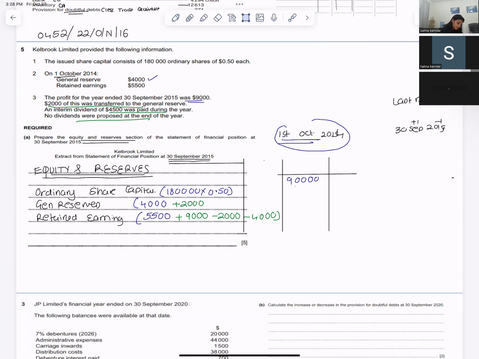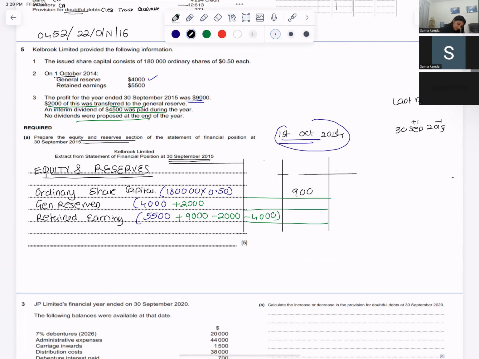What is the final column? 90,000. There was no adjustment related to share capital, so I'm writing share capital as 90,000. General reserves, 6,000. Retained earnings is 8,500.